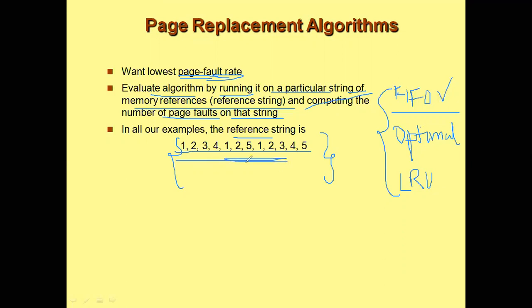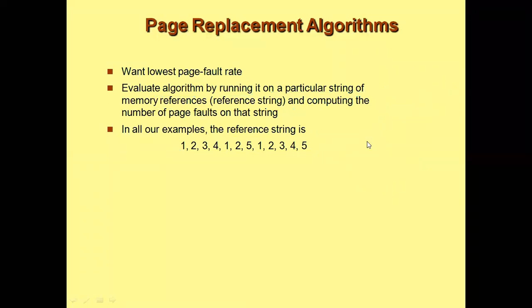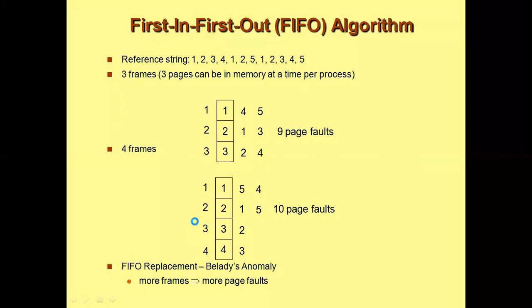So this is called a reference string, and you will have to use this reference string to find out the page faults for each of these algorithms. Fine. Now we will move on to FIFO.